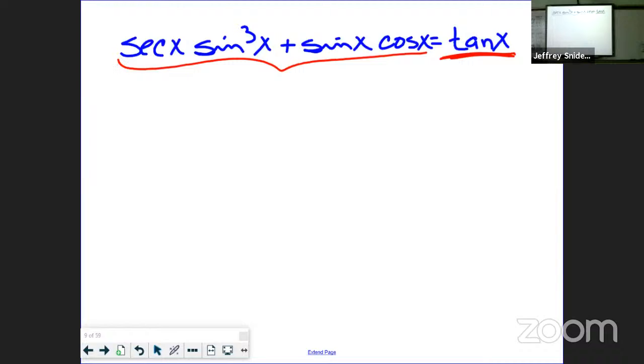Let's go here. Boom. Assignment 5.1. Oops, I don't want to do that yet.